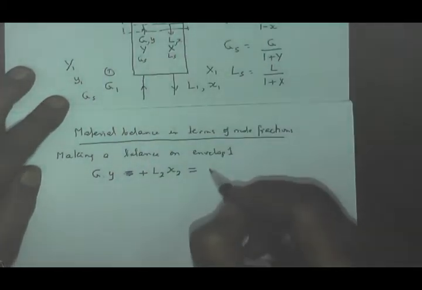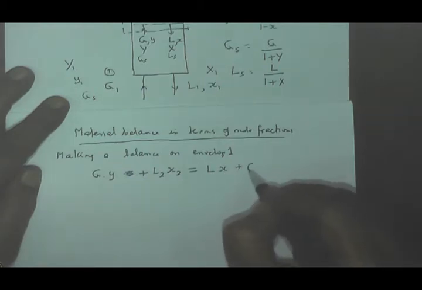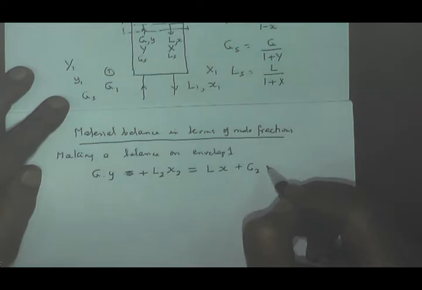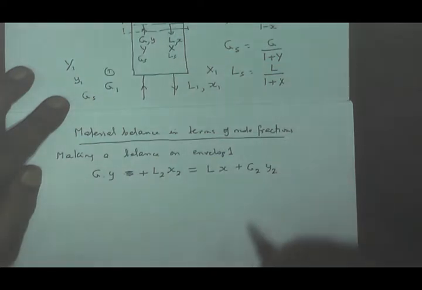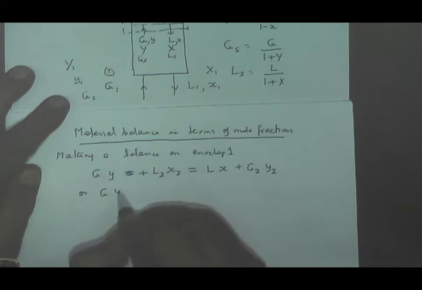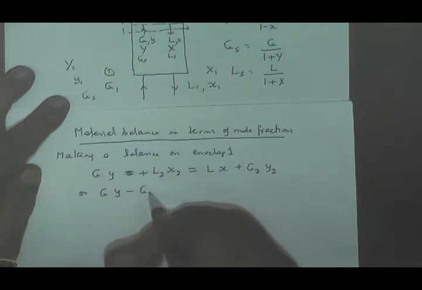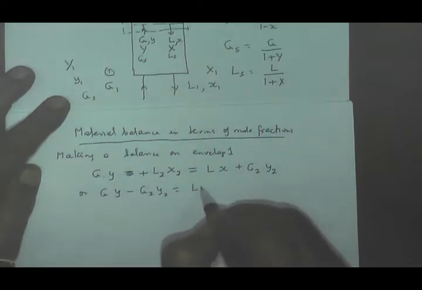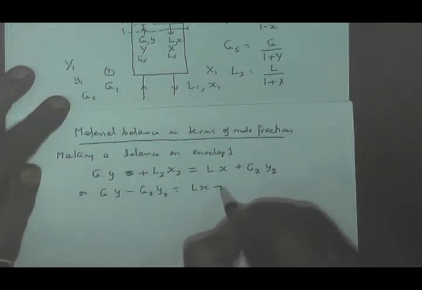Lx plus G2 y2. Or we can write this as Gy minus G2 y2 is equal to Lx minus L2 x2.